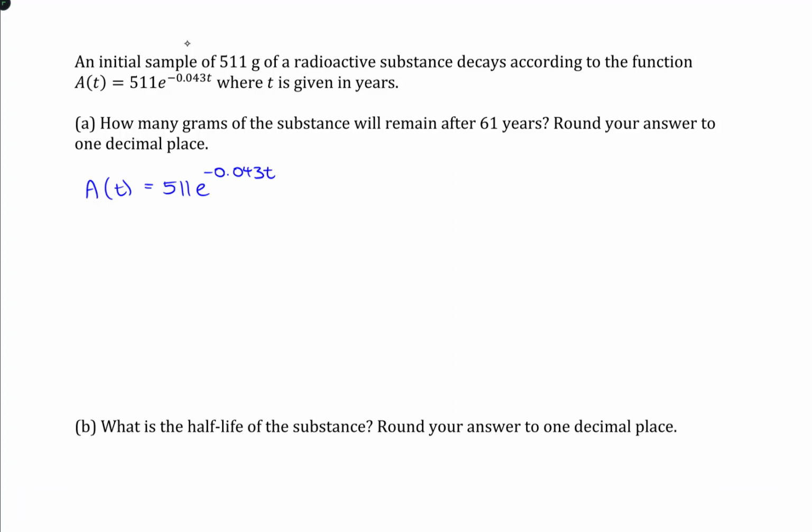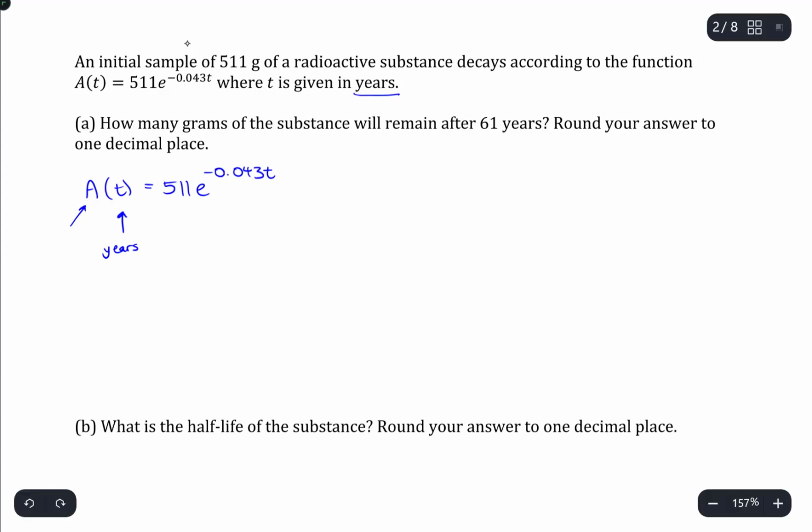And what it does is it takes an input value of time, which in this case is in years, and then it will output for us the variable A, and that's an amount of radioactive material remaining after this number of years has passed. So we want to know how many grams will remain after 61 years. We can determine the amount of grams remaining if we just let t equal 61.